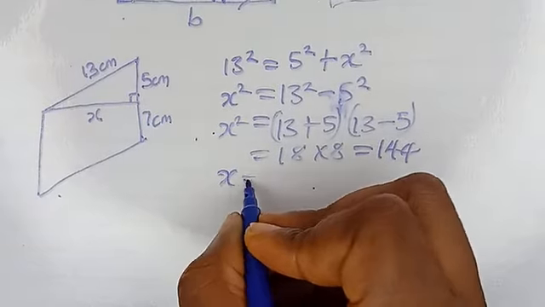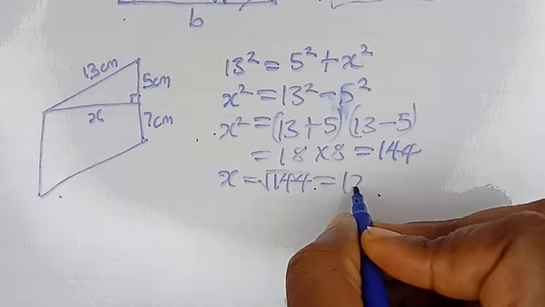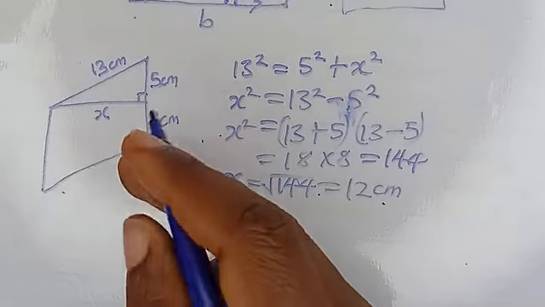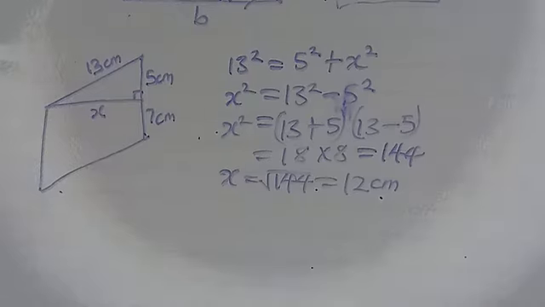And then x is equal to the square root of 144, which is 12 cm. So the height is 12 cm.